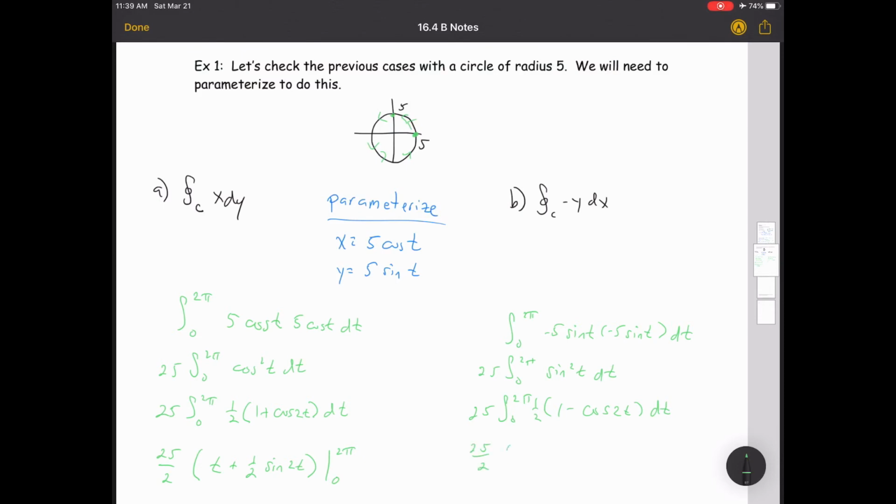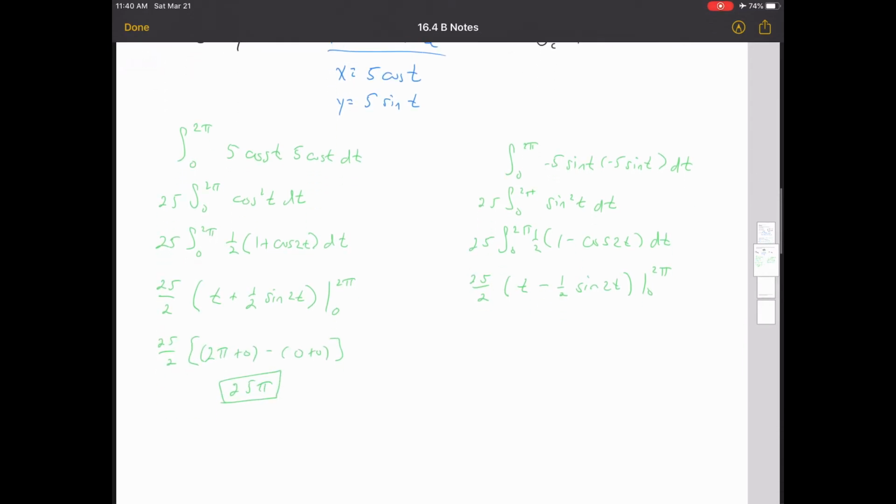And then we can take antiderivatives, which will give us t, and then this will just be minus 1/2 sine of 2t from 0 to 2 pi. So plugging in 2 pi, once again we get 25 halves times 2 pi minus 0, and then minus 0 minus 0. So it still works out to be 25 halves times 2 pi, which is 25 pi.